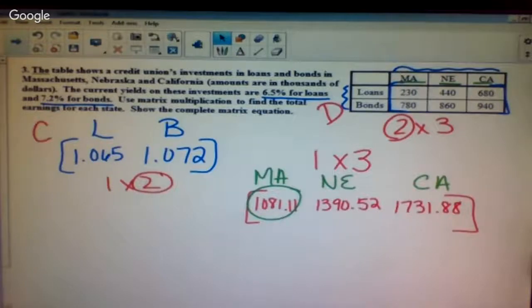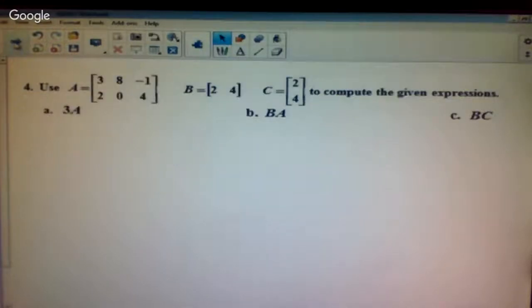All right, what else do we have here? Multiply. All right. I'm going to leave this for part of your homework.